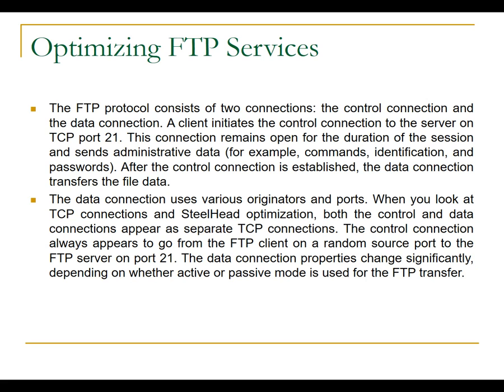As written on the screen, File Transfer Protocol consists of two connections, the control connection and the data connection. The client initiates the control connection to the server on TCP/IP port number 21 by default, which can be changed as required by the user.